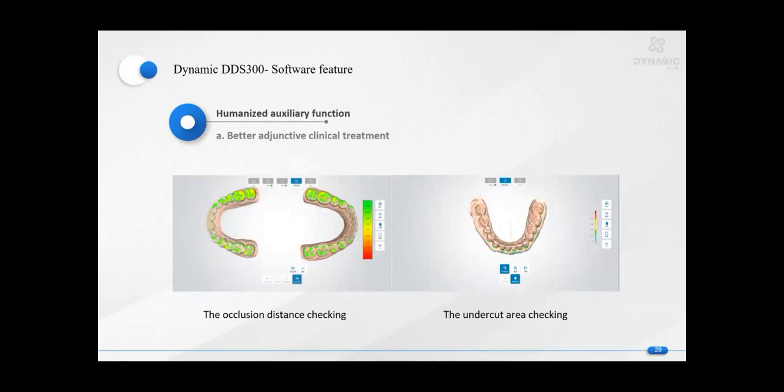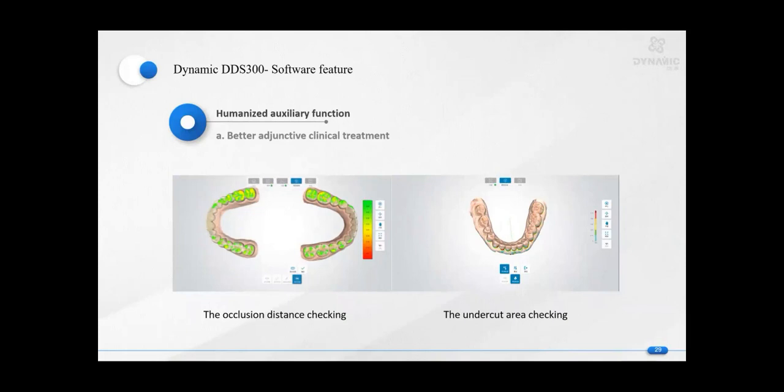For example, Emax is generally 1.5 to 2 millimeters, zirconia is generally 1.5 millimeters, and the metal can be less, but many young doctors do not have the experience to judge this very small number, this precious data.